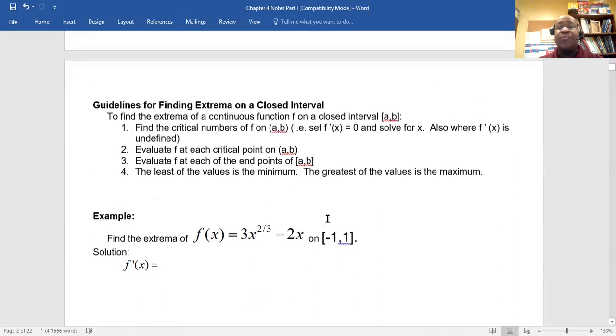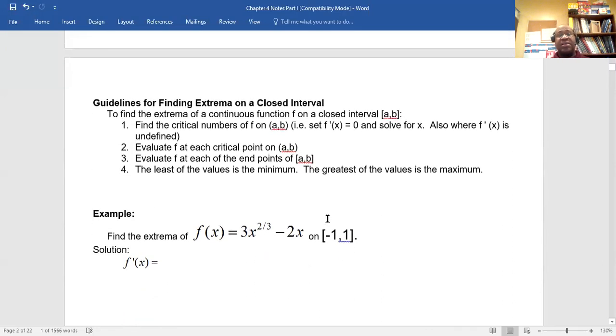All right, so now what exactly did we do in this process? What we did here is the same thing we can do for finding extrema for any closed interval. If we want to find the extrema of a continuous function on a closed interval, first of all, you want to make sure that those conditions are indeed met. You have to have a continuous function and it's got to be over a closed interval. Then we find the critical numbers of the function on the open interval from a to b.